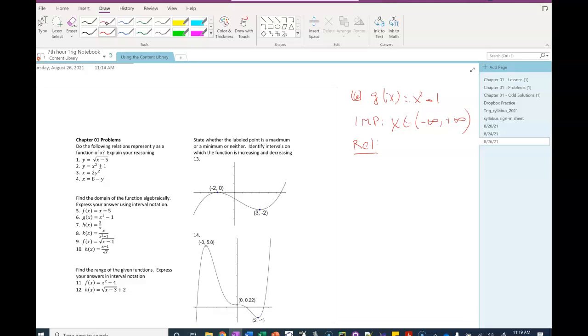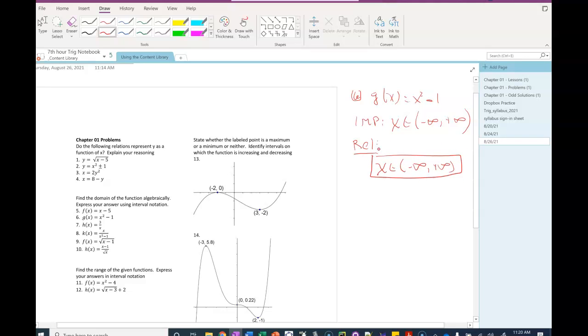A real number multiplied by a real number always gives me another real number, right? So the squaring doesn't restrict the domain any. What about subtraction? If I subtract a real number from a real number, again, I'm always going to get an answer. So that doesn't restrict the domain any. So my relevant domain is the same as my implied domain, and I'm finished.